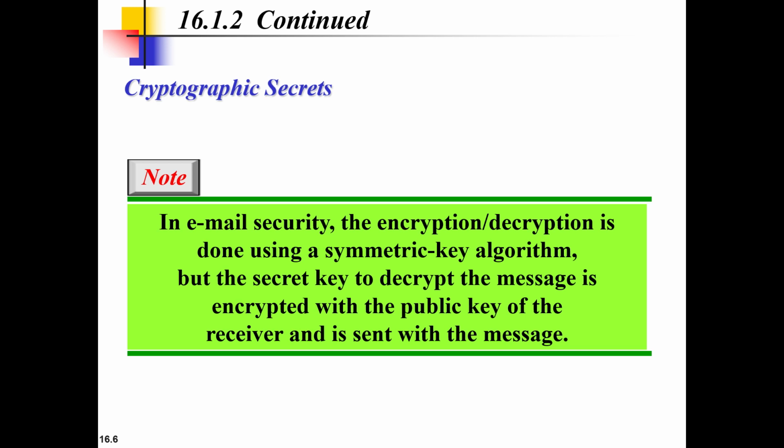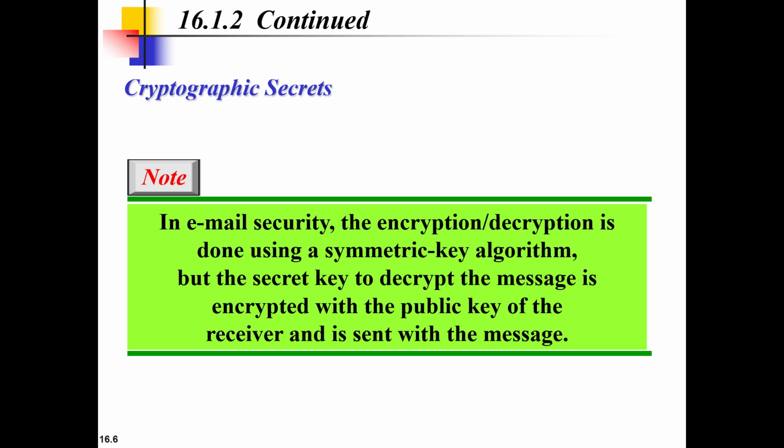However, the use of asymmetric key algorithms is very inefficient for the encryption and decryption of a very long message. Most email security protocols today require that the encryption and decryption be done using a symmetric key algorithm and a one-time secret key sent with a message.